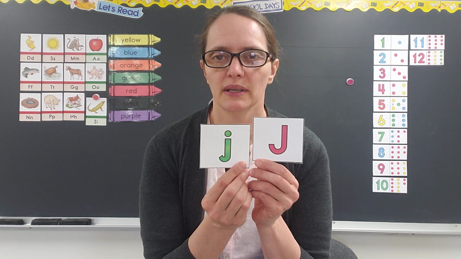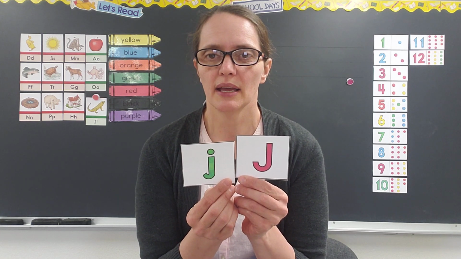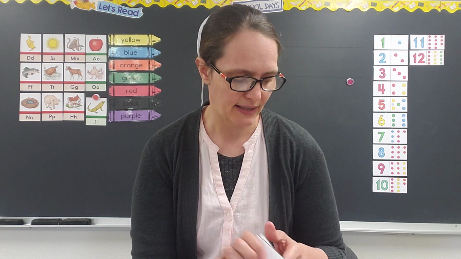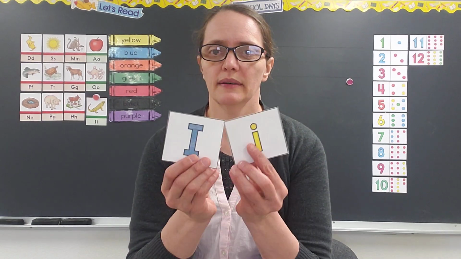Everybody know what this one is? J, and J makes the J sound. Good job. This one, everybody know what this one is? It's a vowel. I says I, uppercase I, lowercase i.